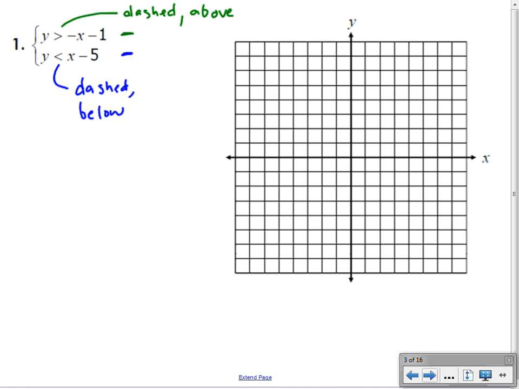All right, so the green one has a y-intercept at -1, a slope of -1. So we plot our points. And since it's less than, we said when we connect, it's going to be a dashed line.